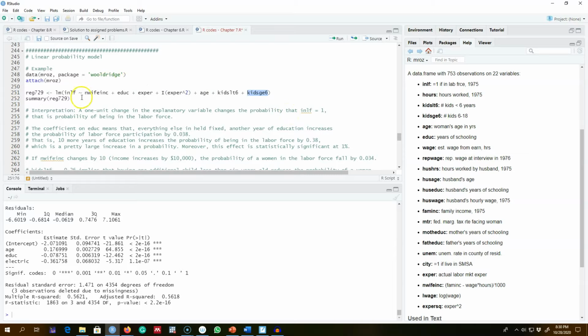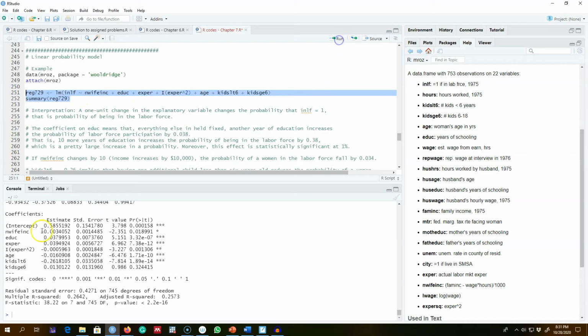So let's regress this model, and the interpretation here is a little bit different. Each coefficient value associated with each of these variables will show the change in the probability of being in the labor force as a result of a 1 unit change in this variable. Let me show you this using this example. We can start with the family income variable.